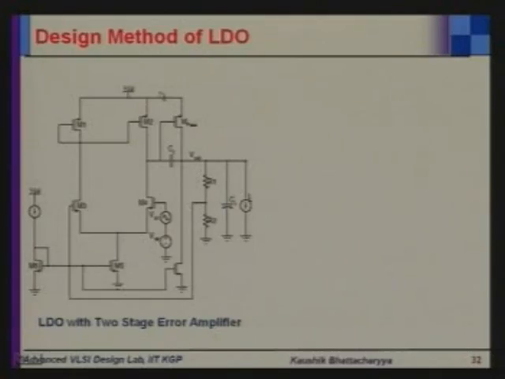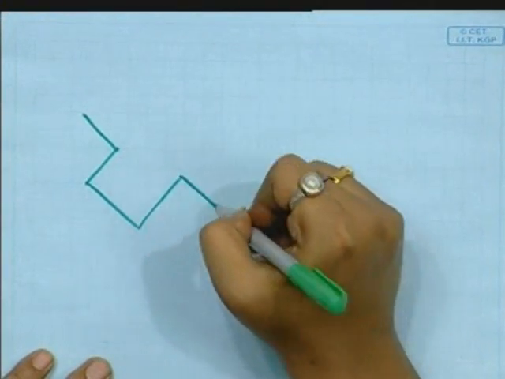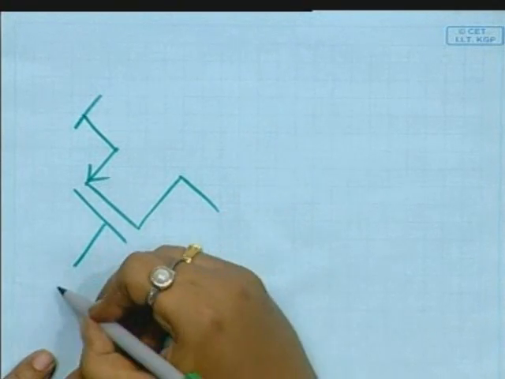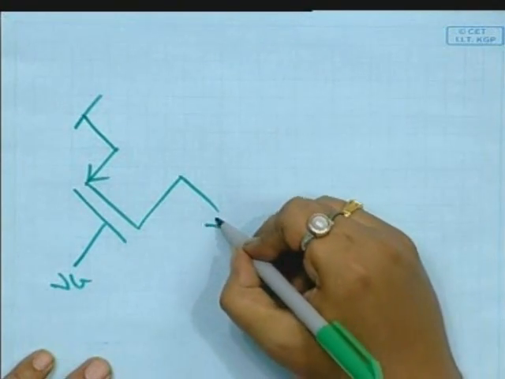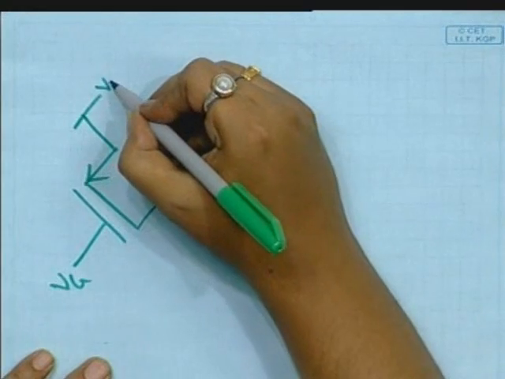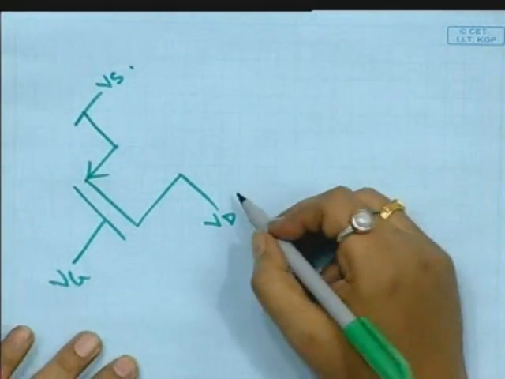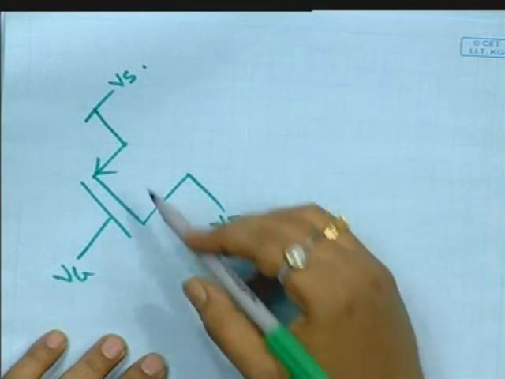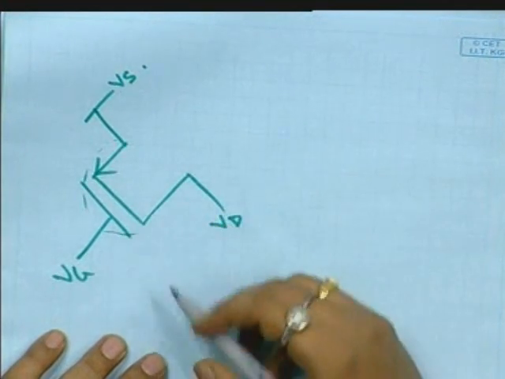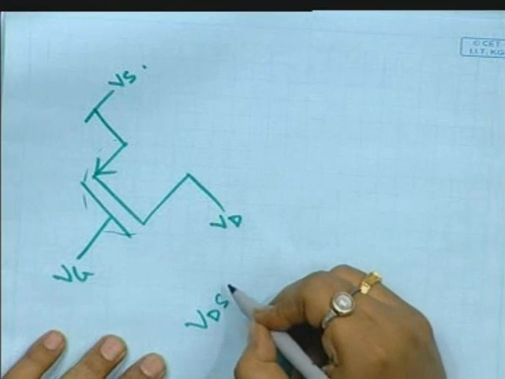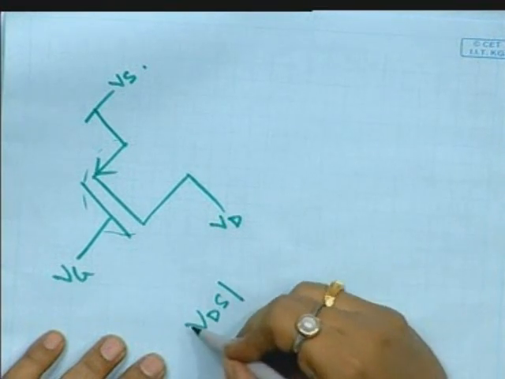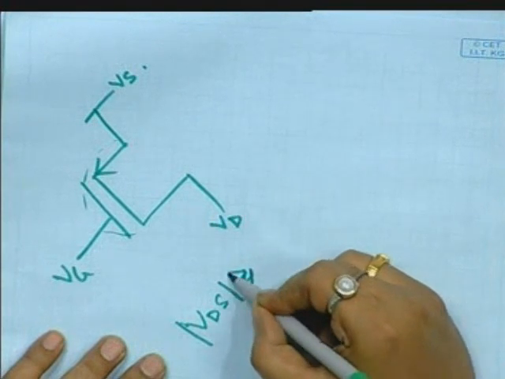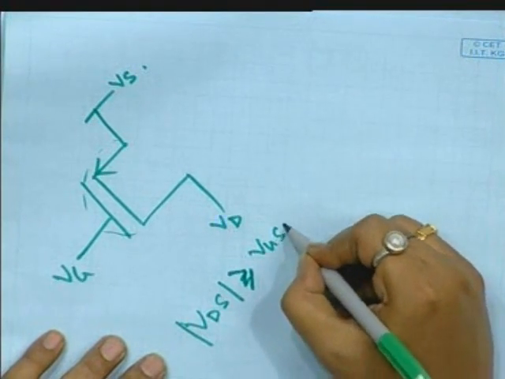The pass device, to keep it in saturation, VDS should be greater than or equal to VGS minus VTH.